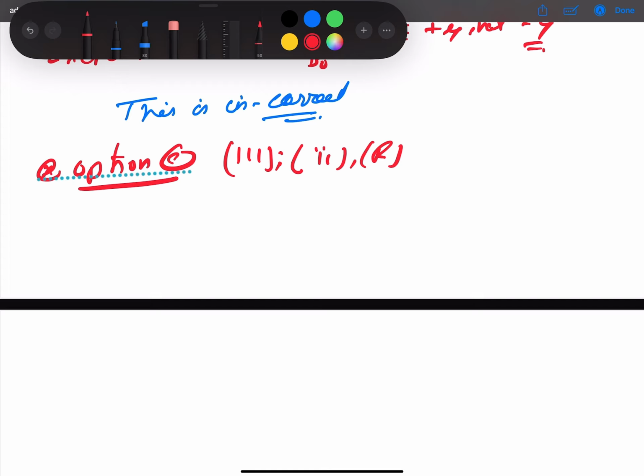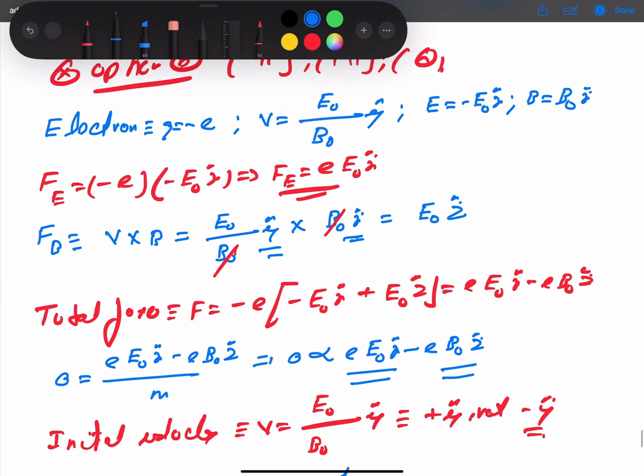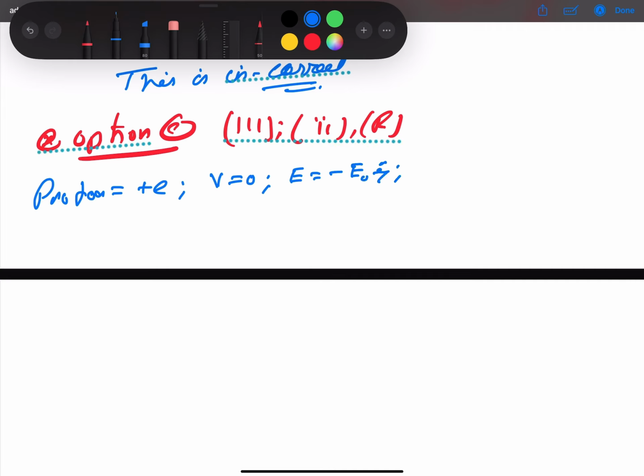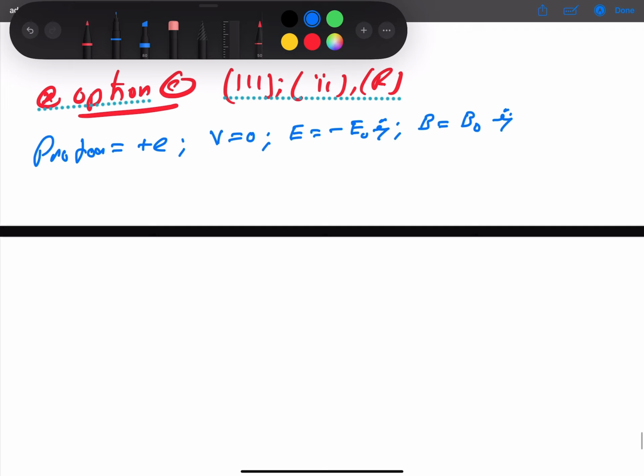So here once again it is a proton, so giving us plus E, velocity is given as 0, electric field is minus E naught Y unit, and magnetic field is given as B naught Y unit.